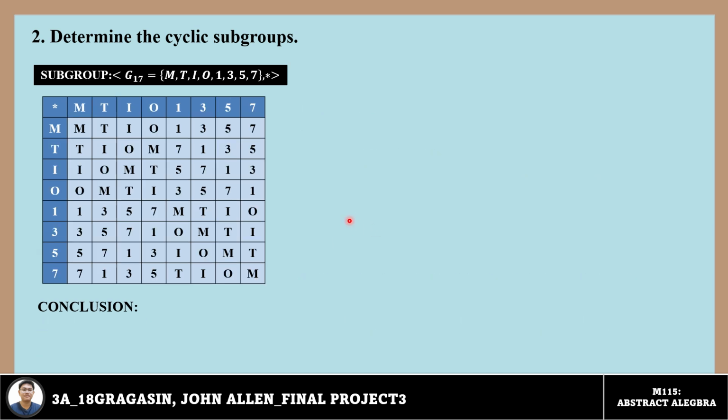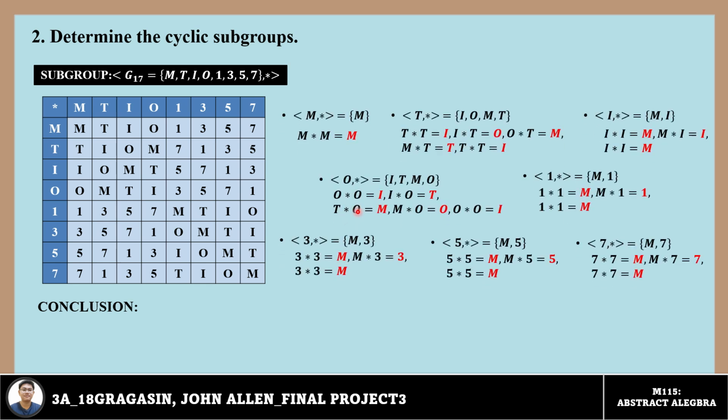Next, we have the subgroup G sub 17 with elements M, T, I, O, 1, 3, 5, and 7 under the binary operation star. As you can see here, the element T does not generate the entire elements in G sub 17.